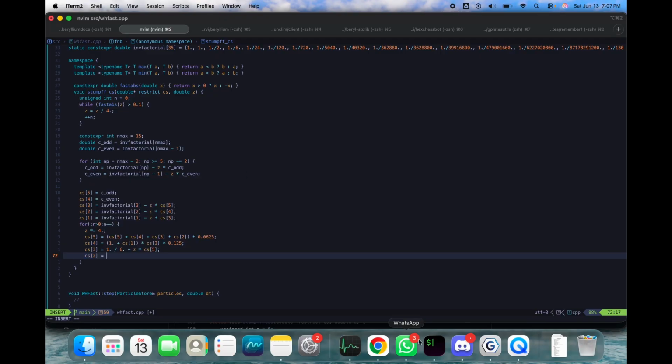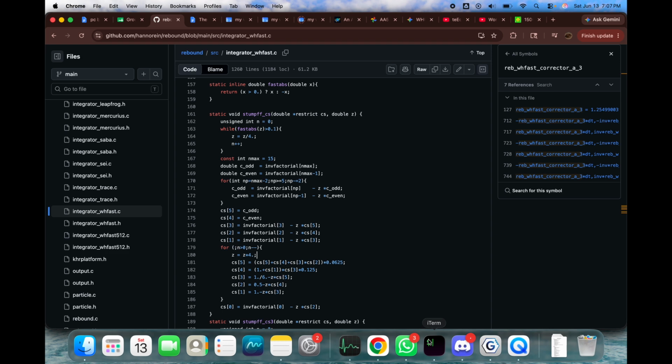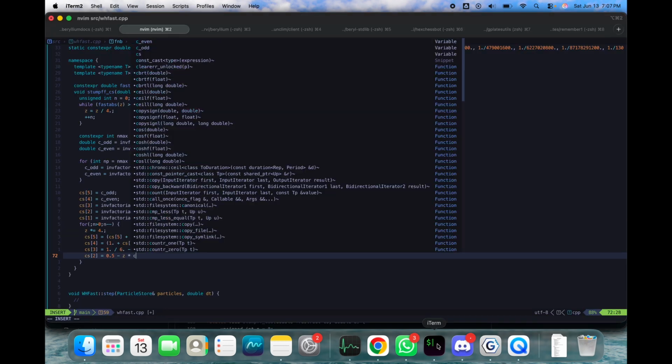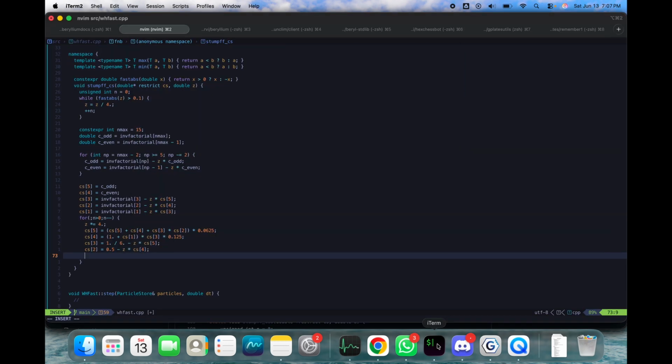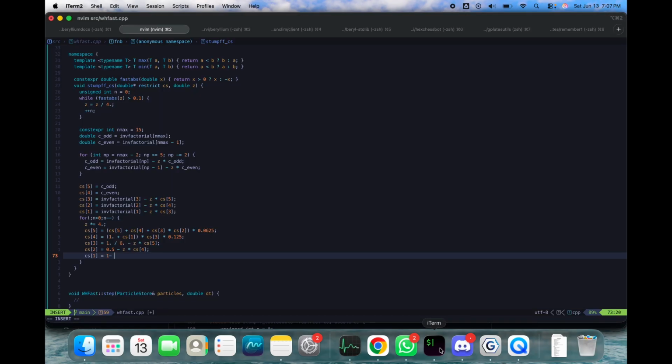CS index 2 equals 0.5 minus Z times CS index 4. CS index 1 equals 1 minus Z times CS index 3.